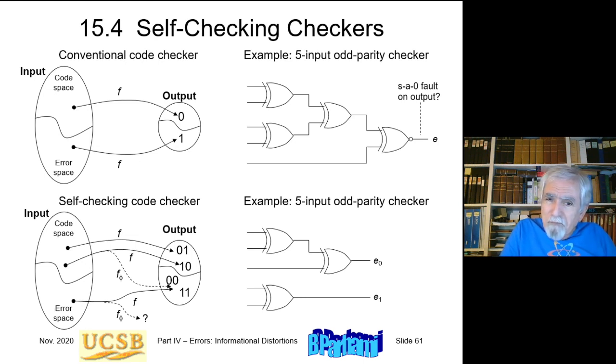So basically, we say if the number of ones at the input is odd, then I either have an odd number of ones here and an even number of ones here. So that's 1, 0. Or an odd number of ones here and an even number of ones here. That's 0, 1. In all other cases, we could get 0, 0, or 1, 1, which is a sign of the code not being valid.